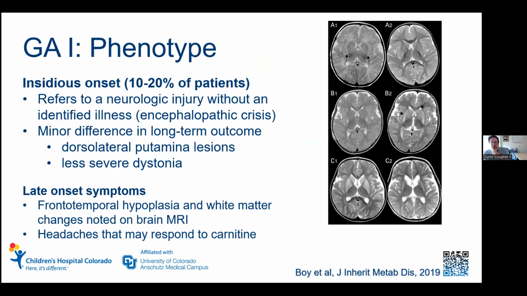There isn't this moment where a family should have called you and said, my daughter has a fever and isn't eating well, that they just had this onset of injury without a clear illness. There might be some evidence of other secondary disease sequelae based on whether or not their striatal event comes from this insidious onset or an illness.